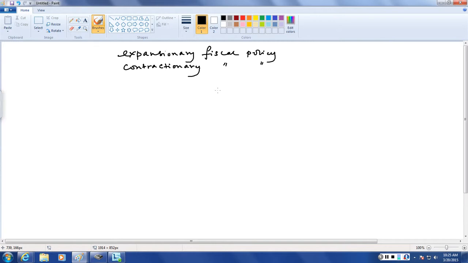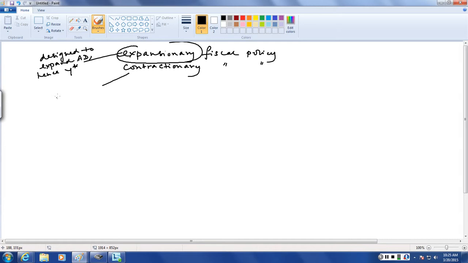Would that be expansionary or contractionary? Let me explain what the two terms mean, expansionary, contractionary. Expansionary means designed to expand AD, hence equilibrium real GDP.